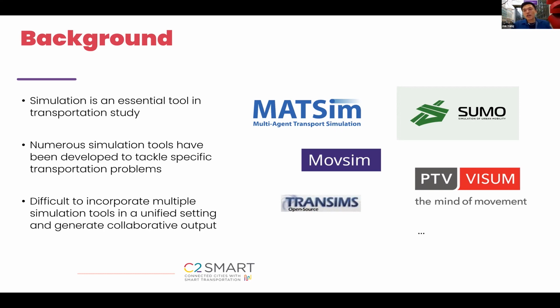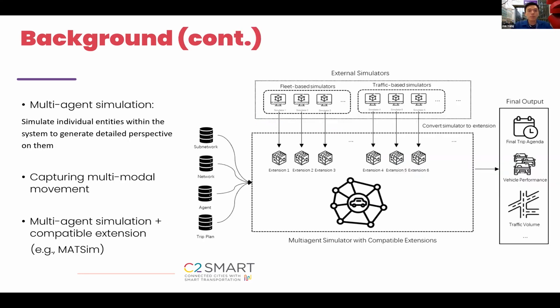They can address different kinds of transportation studies, but they are very hard to incorporate. It's hard to pull different simulation tools together, let them run collaboratively, and get a very integrated result. That's a pretty big problem.